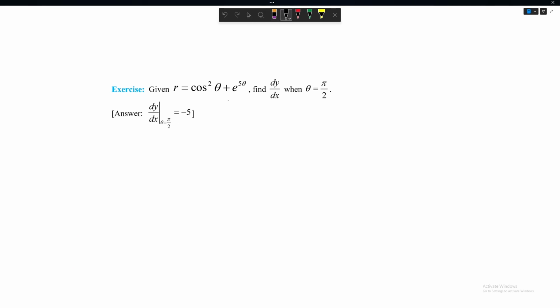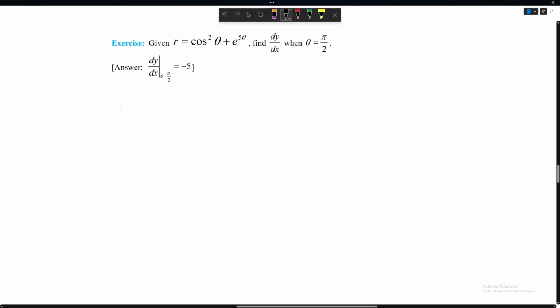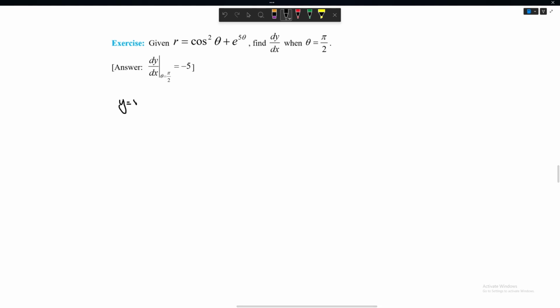Since we have this same concept, we need our y, which is our r sine theta, and then we have our x.